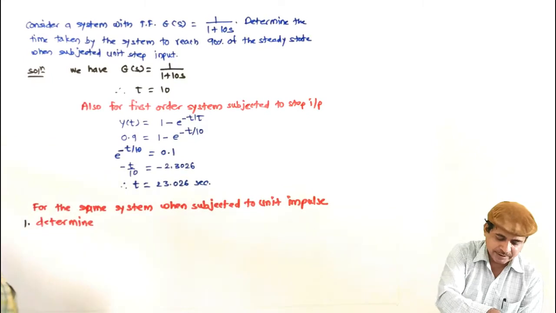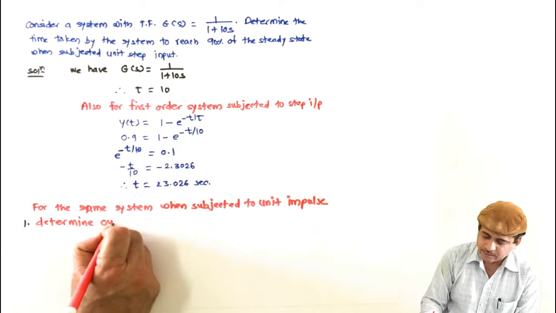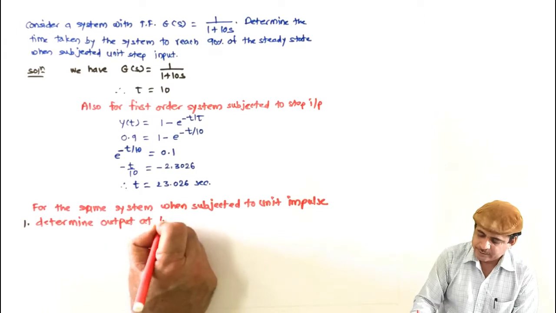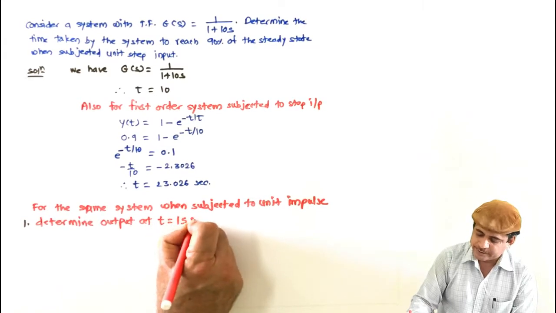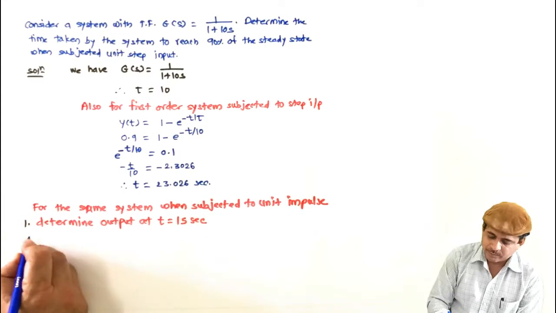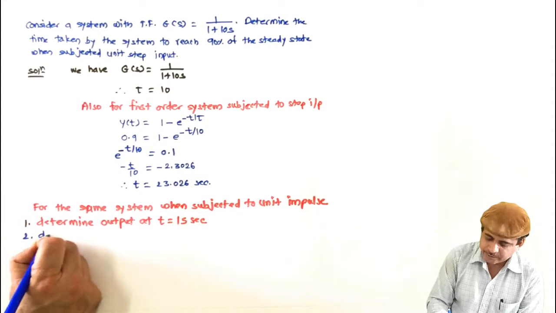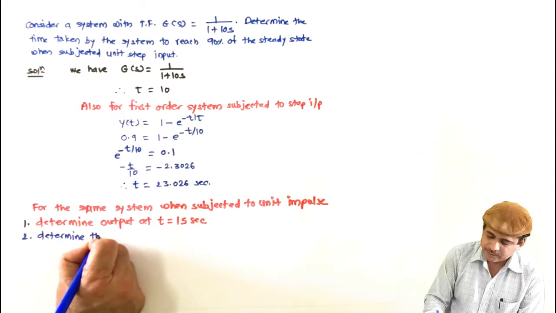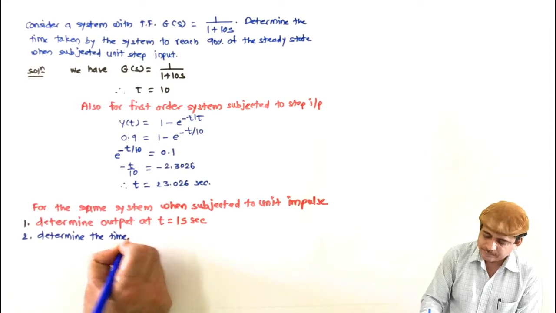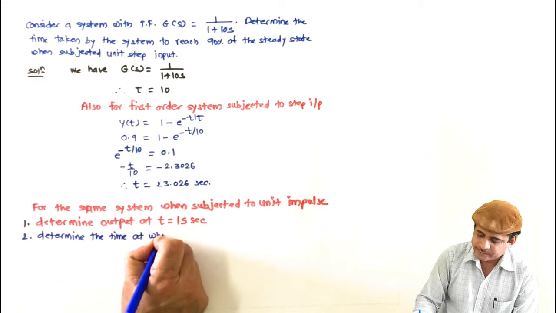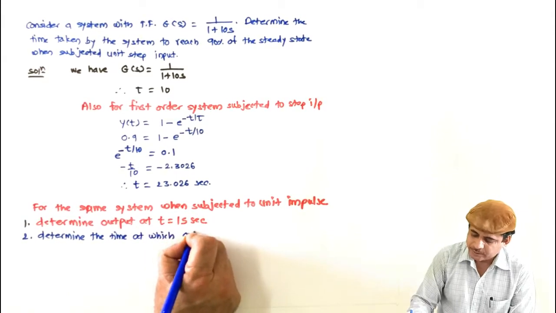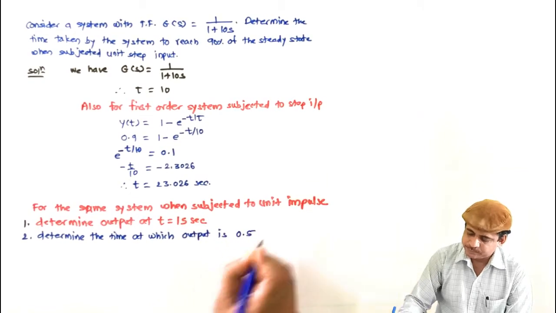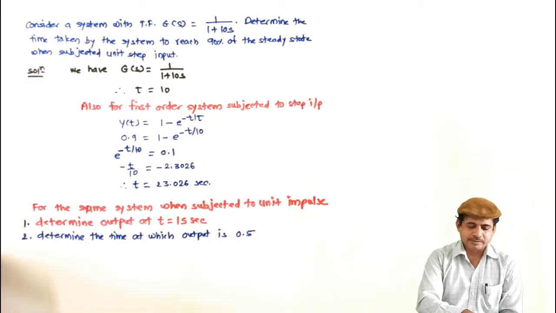Number one, determine the output at t equal to 15 seconds, and number two, determine the time at which output is 0.5. We'll do these things.